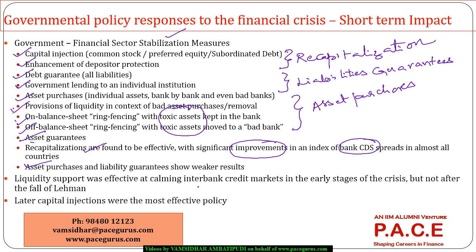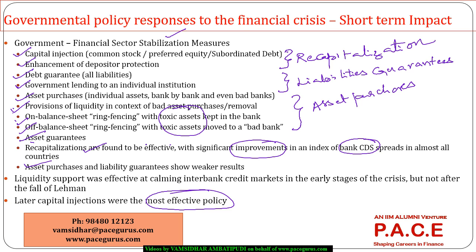And the capital injections that happened towards the later stages after the crisis can very well be regarded as one of the most effective policy measures that have been taken up by the government.